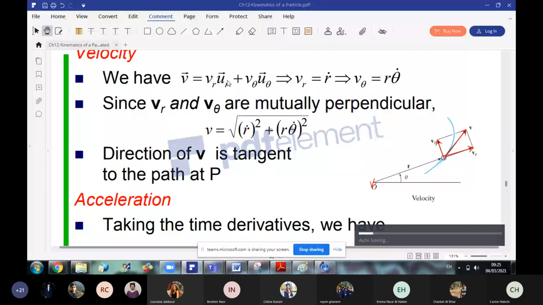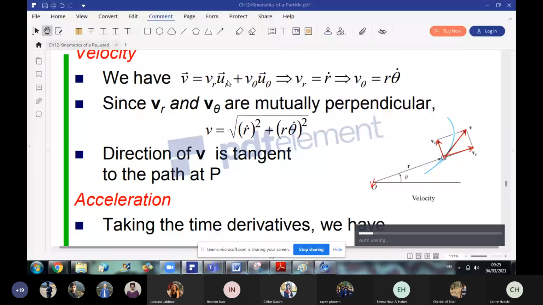I should do U prime V plus V prime U. The derivative of R dot will be R double dot, meaning the second derivative of R. So the first term will be R double dot UR, plus R dot times dUR by dt, or UR dot. So the first two terms here are the whole derivative of R dot UR: R double dot UR plus R dot UR dot. This is the first derivation, of the radial component of velocity.